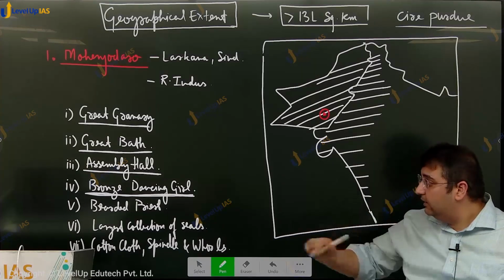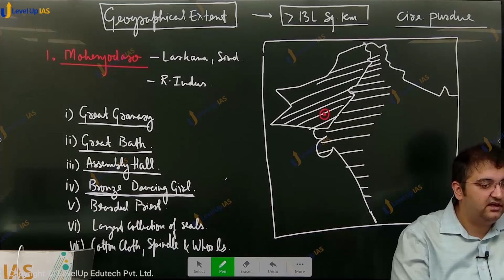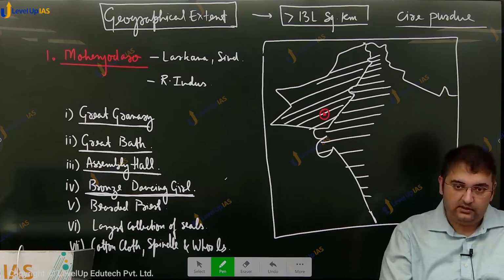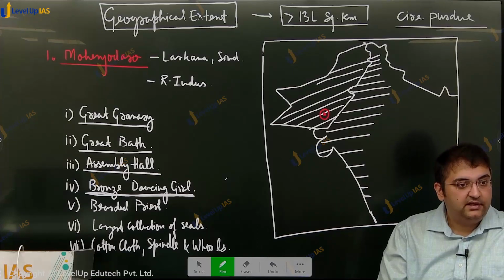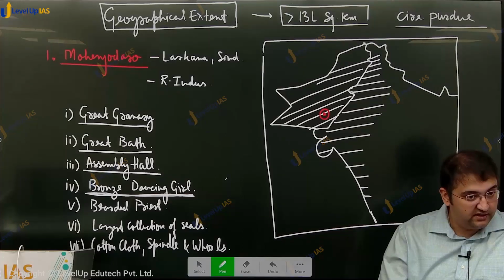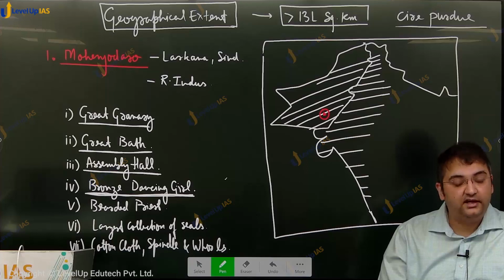ठीक है? Now, what are the features of this bronze dancing girl? Significance क्या है bronze dancing girl image का? What does it tell us about the Harappan people? It gives us some cultural insights about them. For example, that they valued music, dance, entertainment industry in general. Music and dance in ancient cultures were often part of the theater tradition.